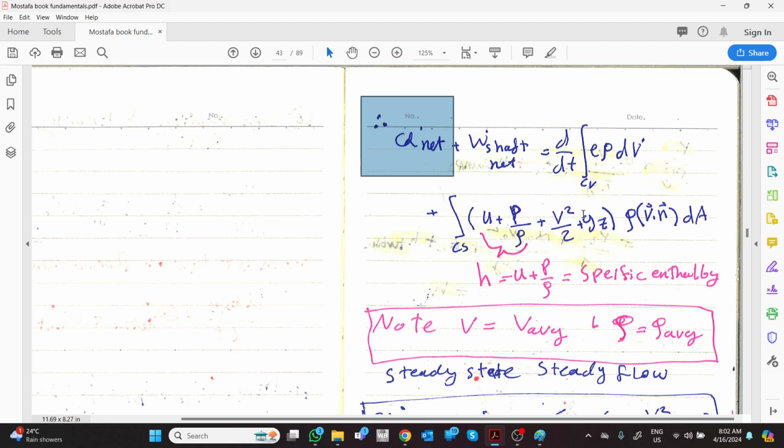This is the kinetic, this is the potential, and this is the enthalpy, which is the internal plus the pressure energy, the specific enthalpy.